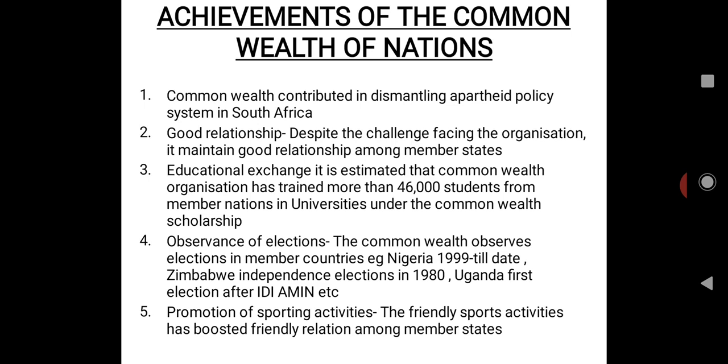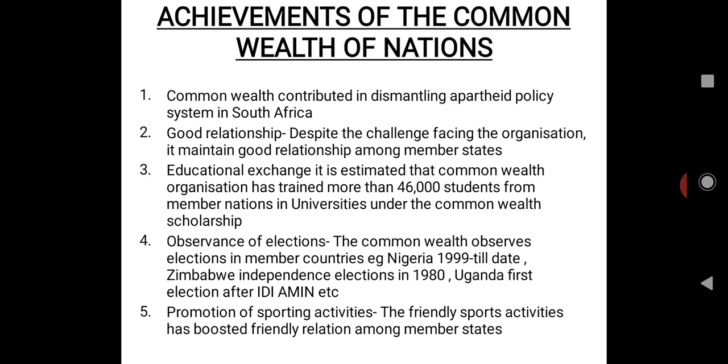Achievement of Commonwealth of Nations. You will agree with me that Commonwealth of Nations has contributed a lot to their members. For example, in Africa, Commonwealth of Nations has contributed a lot in dismantling apartheid policy system in South Africa.